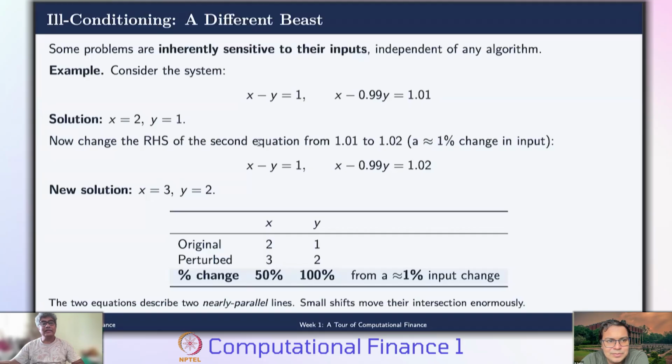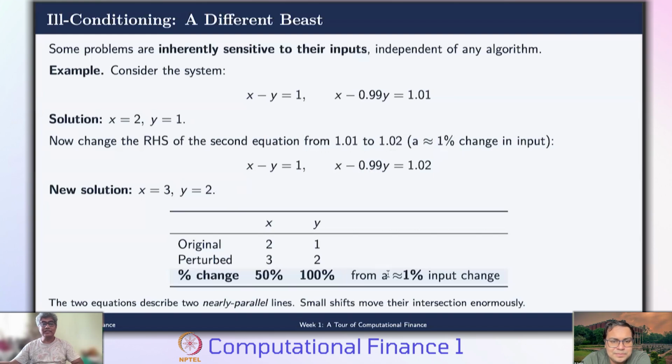Now, on the right-hand side of the second equation, if you just increase it from 1.01 to 1.02, then x minus 0.99y equals 1.02. The only change is from 1.01 to 1.02. Now, if you solve, you get x equals 3 and y equals 2.